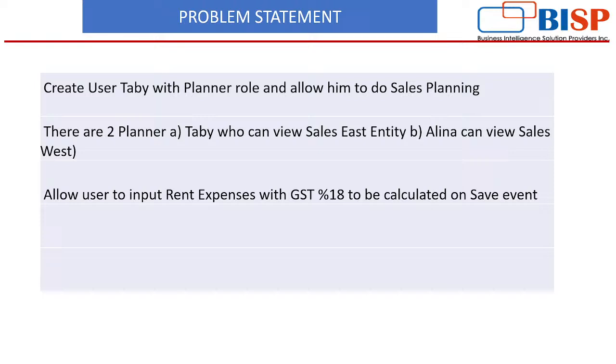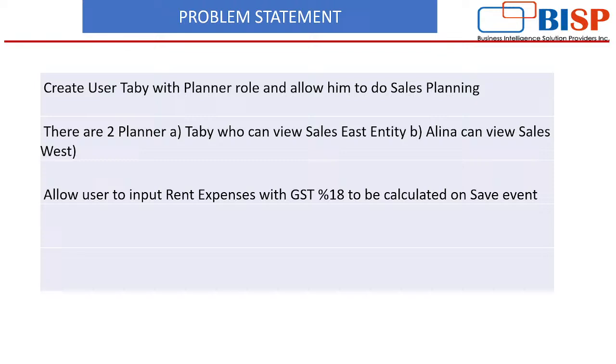So here we have already created a user Tabby. Now we will go into the application and create second user Alina, and then we will provide them the rights. There are certain points over here which say that Tabby can only view Sales East entity.